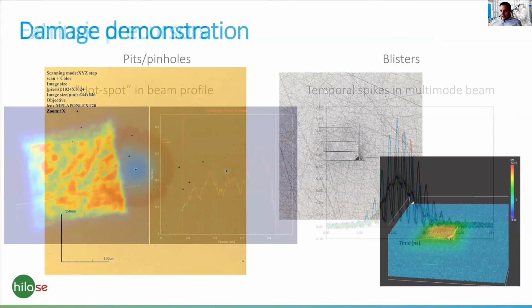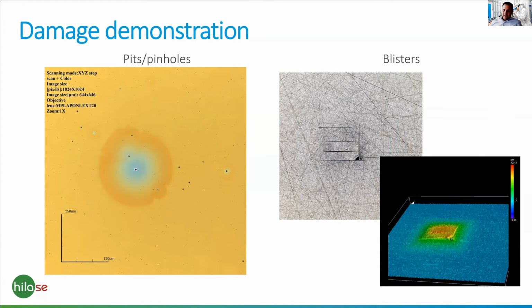We can then progress to the damage demonstration, because damage precursors are usually related also with the way the damage looks. On the first image here on the left, you can see the typical example of the pits or pinholes. This is something you often see when you have an intrinsic damage precursor, especially when you have some dielectric multilayer and you have some contamination, either a dust particle or some inclusion due to the material impurity.